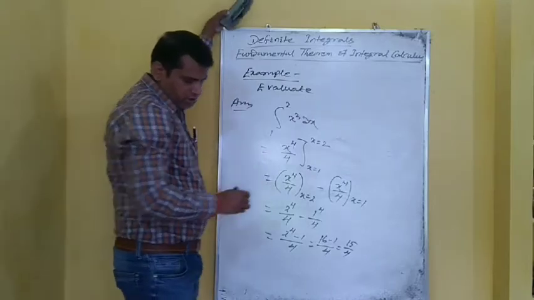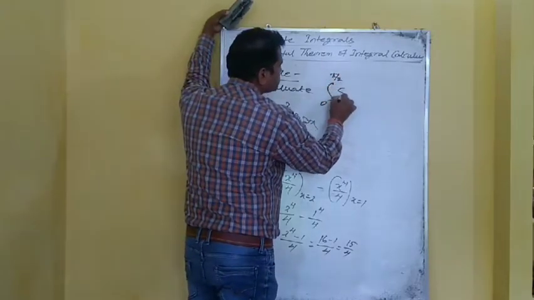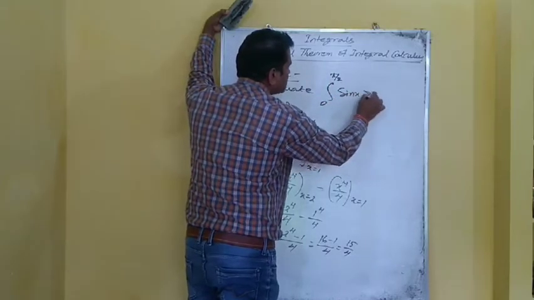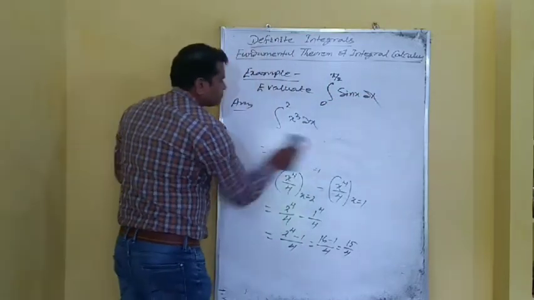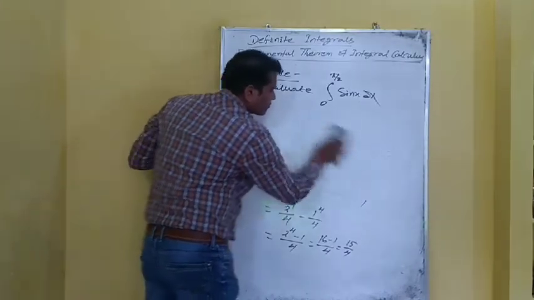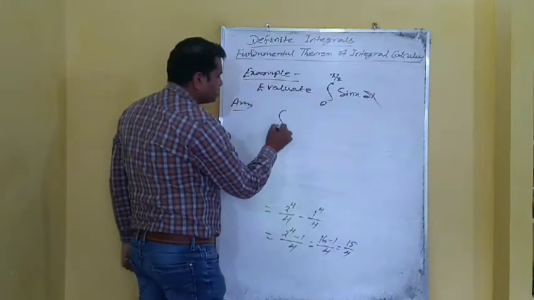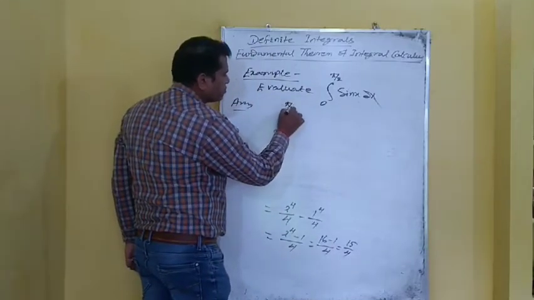Evaluate the integral from 0 to pi by 2 of sin x dx. That is minus cos x from 0 to pi by 2.